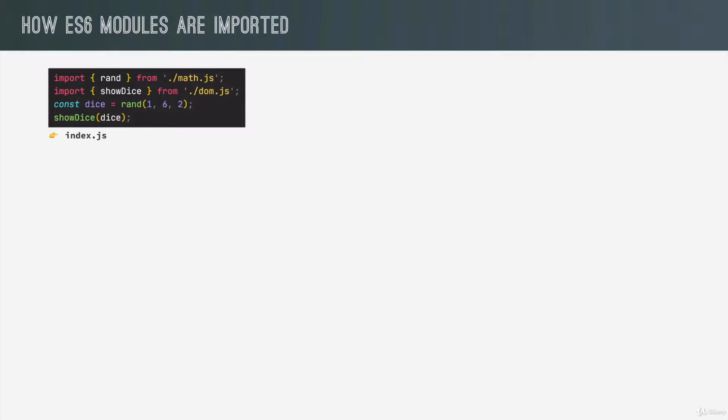And to do that, let's analyze what happens in this small code example. So here we're importing a value called rent from the math.js module and showDice from the dom.js module. Now, as always, when a piece of code is executed, the first step is to parse that code. Remember?